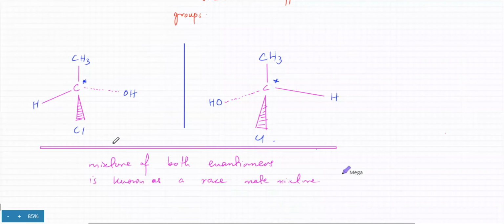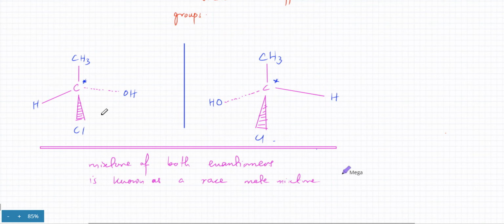So whenever you hear the term racemate, that means there's going to be a mixture that contains both enantiomers. Enantiomers is a different name given to optical isomers, and this is very important in biology, in medicine.